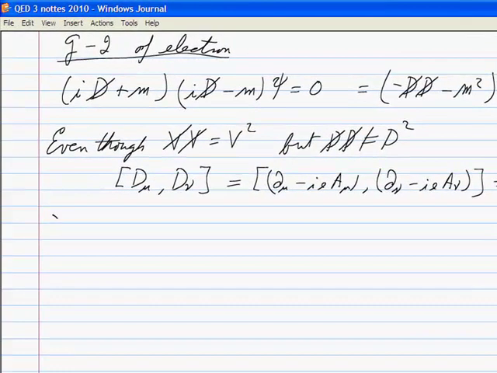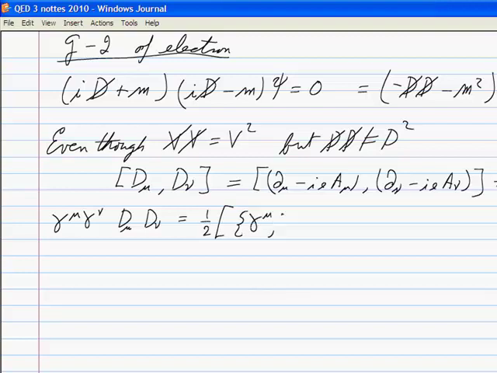So if I have gamma mu, gamma nu, D mu, D nu, if we want to work that out, we write it the following way. You write it as 1/2 the anticommutator of gamma mu, gamma nu, plus the commutator of gamma mu, gamma nu.